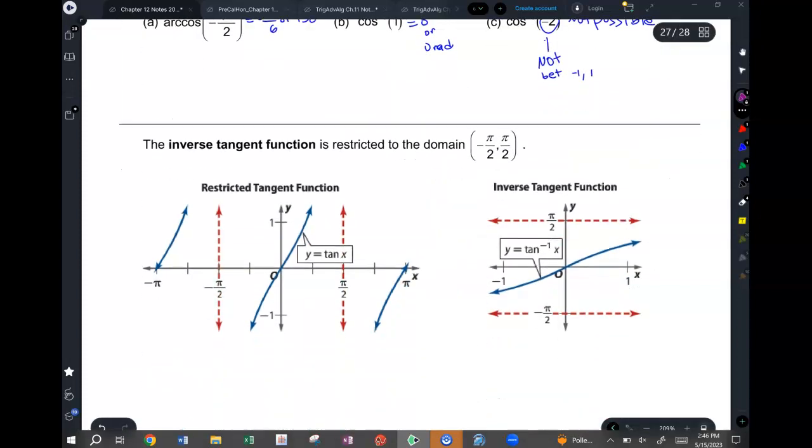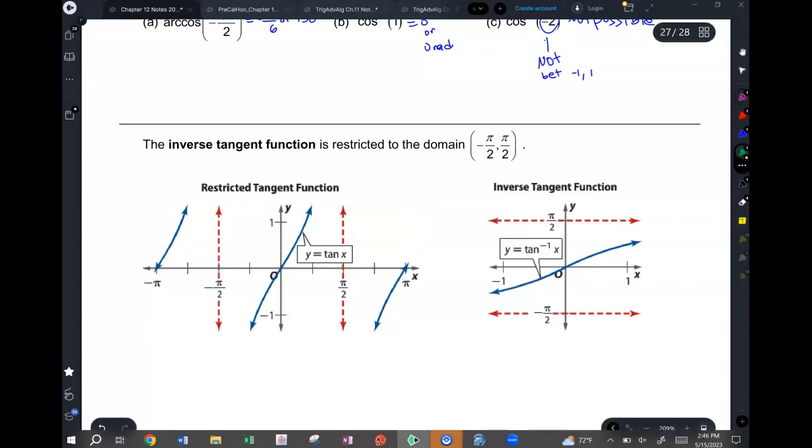Now, tangent is a whole other situation. We didn't graph tangent, but this is what it looks like. Tangent graphs basically are like arms like this, and they just continue forever and ever, over and over again. So to restrict it, well, this one's easy.